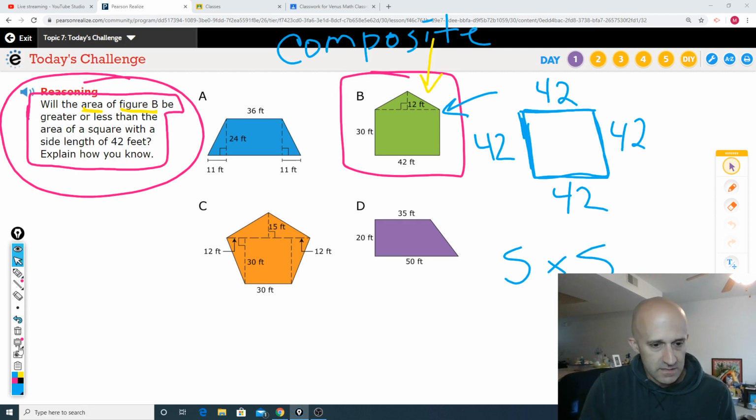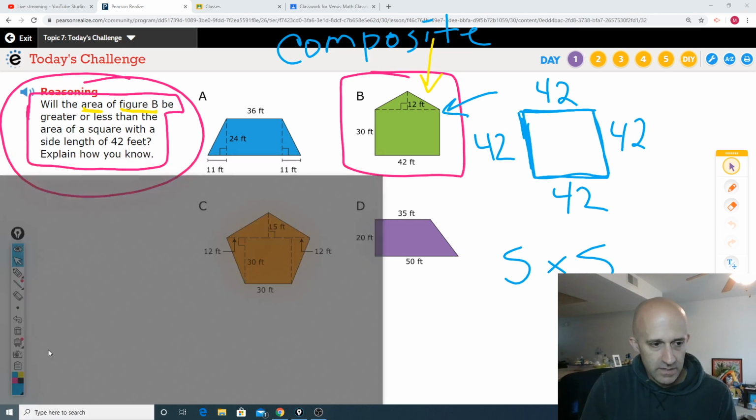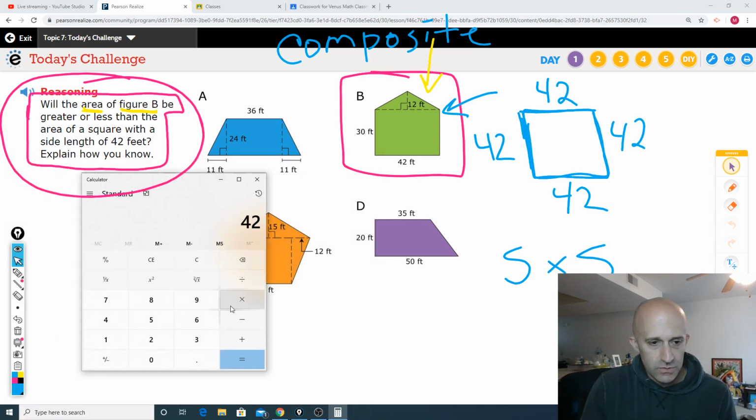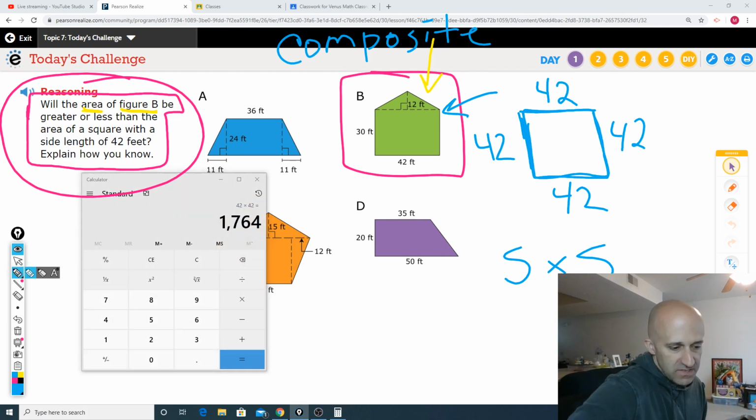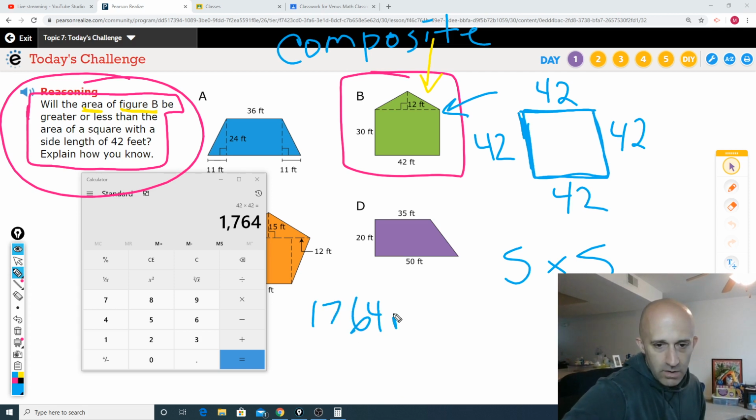So if I take 42 times 42, it's going to give me 1,764, and that's feet squared.